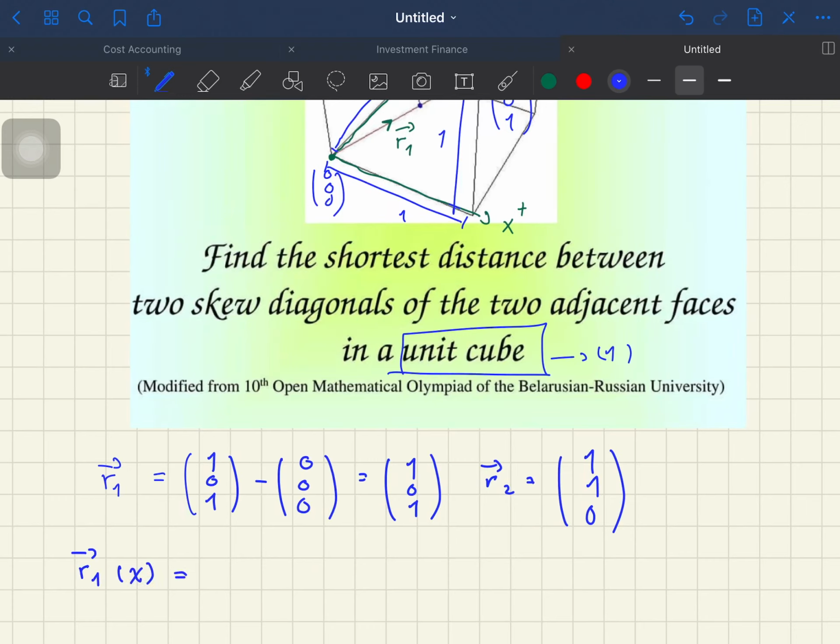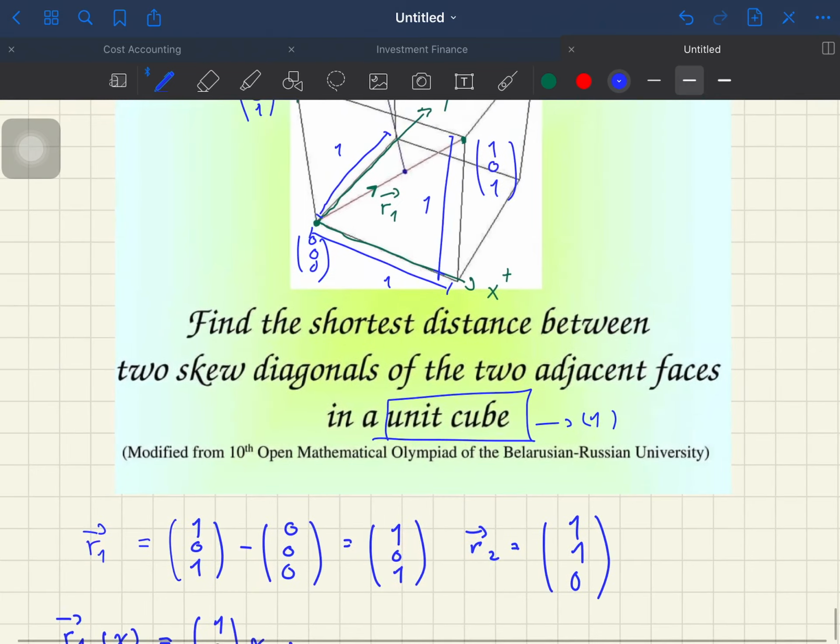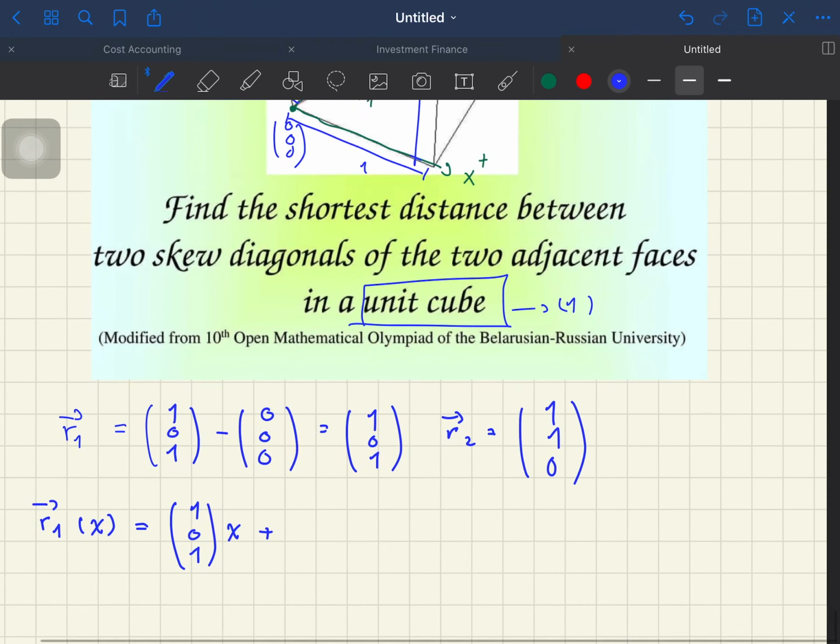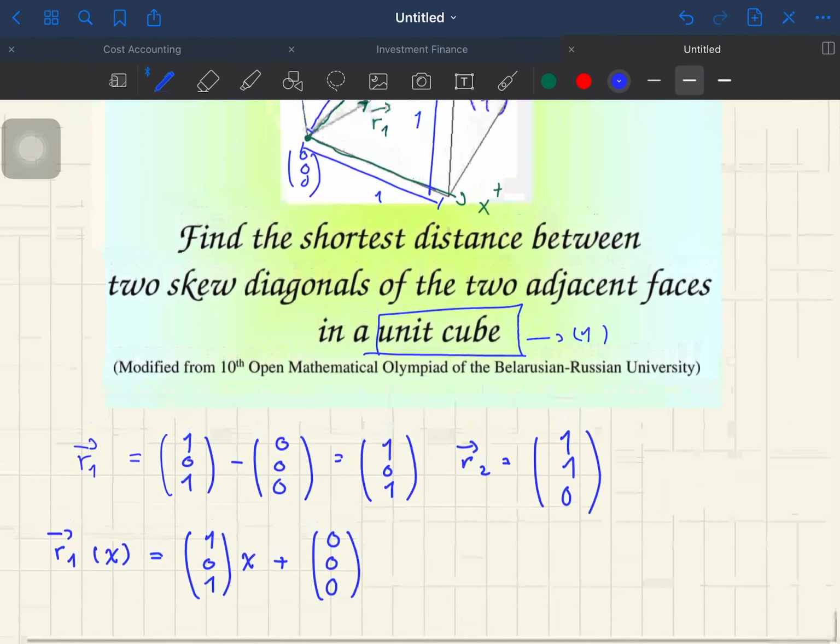The x must be attached to the direction of the vector, which is 1, 0, 1. So you can just say x times 1, 0, 1, and then plus any starting point of the vector. R1 has the starting point of 0, 0, 0. Why do I choose 0, 0, 0?